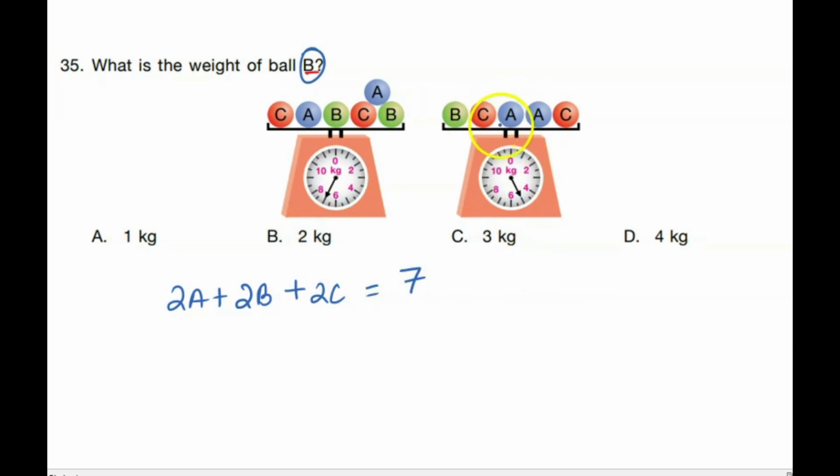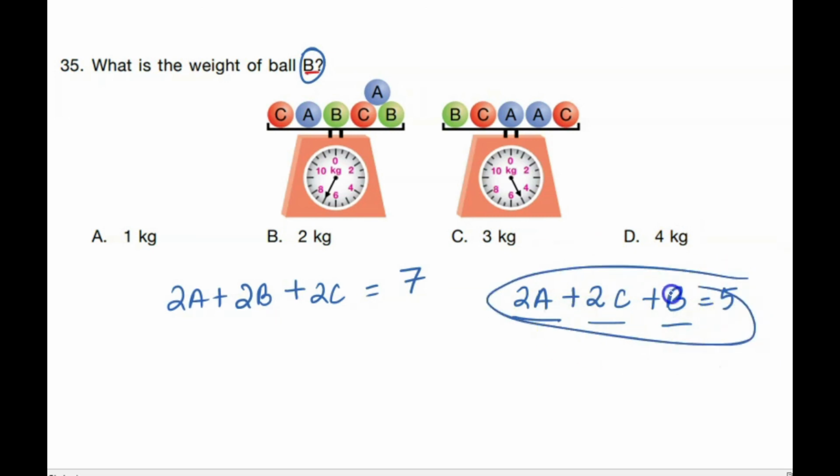Now here 2 balls of A, 2 balls of C and 1 ball of B is equal to what comes between 4 and 6? 5. So these 2 balls of A, 2 balls of C and 1 ball of B together form 5 kg. Understand, focus here.